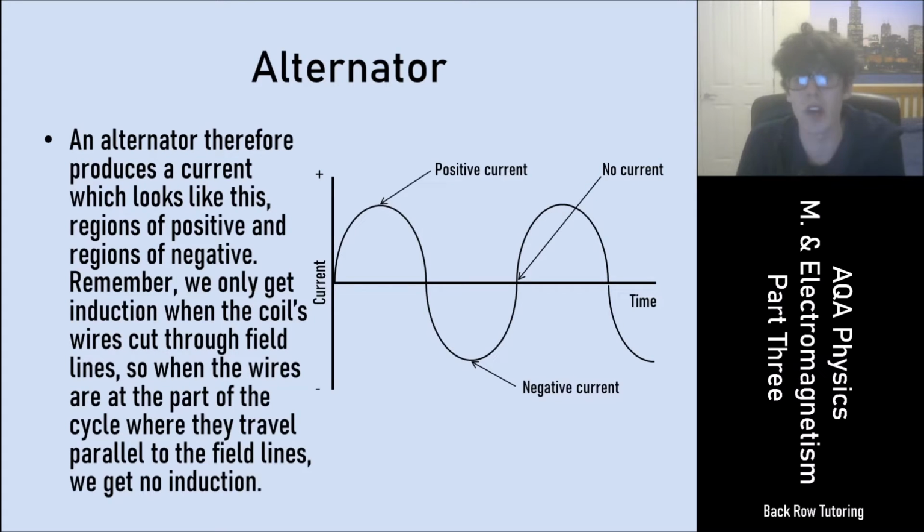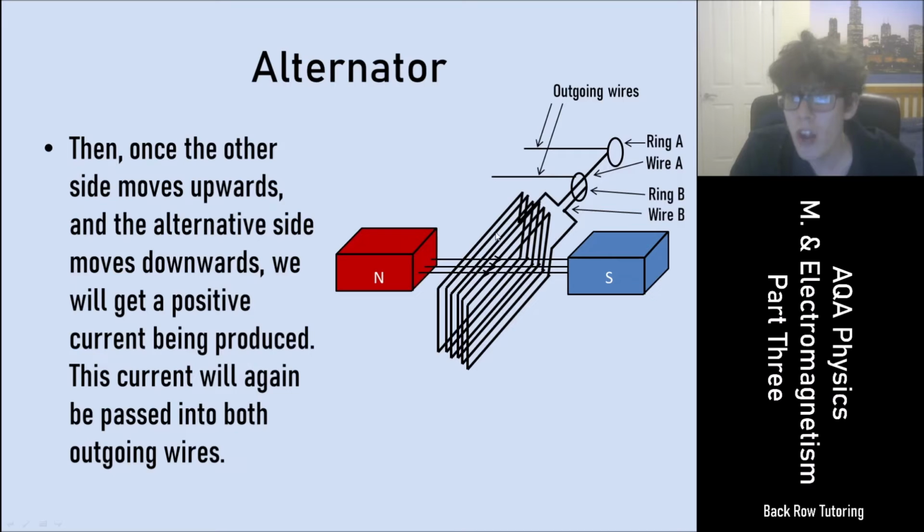And this is what the current looks like on a graph. An alternator produces a current which looks like this: regions of positive and regions of negative. Now remember, we only get induction when the coil's wires cut through field lines. So when the wires are at the part of the cycle where they travel parallel to the field lines, we'll get no induction. So let's just go back and see what I mean. So when this part of the coil is going this way in the field, you're not actually going to get any induction at all, because it's not cutting through field lines, okay?